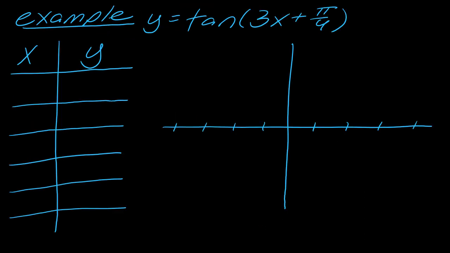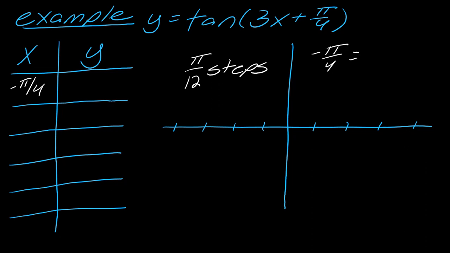Okay, so let's see. I'm going to start at negative pi over 4, and then remember I want to take those pi over 12 steps. What would probably be helpful is to remember that negative pi over 4, if I convert that to a fraction over 12, is negative 3 pi over 12.